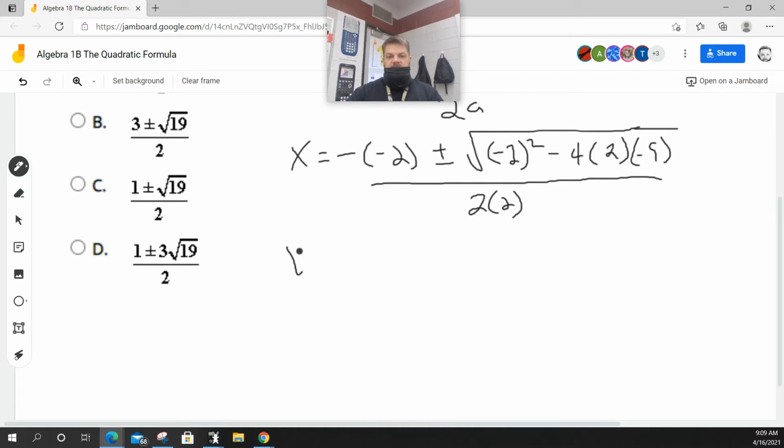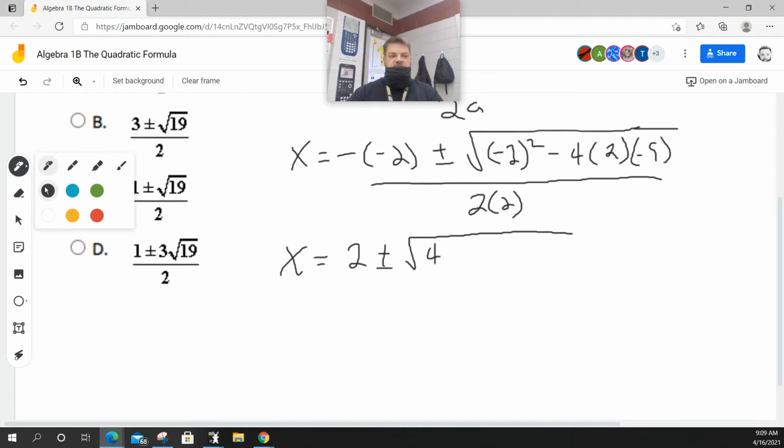So then we have x is equal to positive 2 plus or minus, what's negative 2 squared? 4. Positive 4, right? And just in case you guys are wondering, you got to think this through, right? So negative 2 squared is the same as negative 2 times negative 2 equals 4.